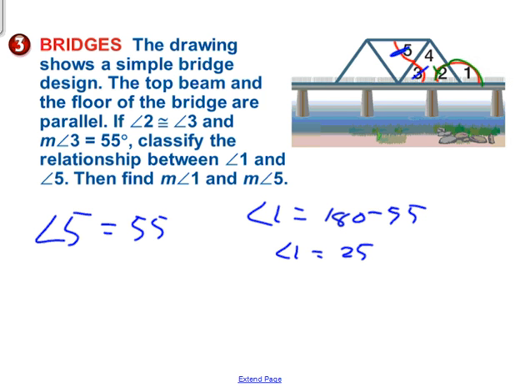I'm sorry, angle 1 is not equal to 25. It's equal to 125. And angle 5 and angle 1 are supplementary. Angle 5 is supplemental to angle 1. They add up to be 180 degrees.